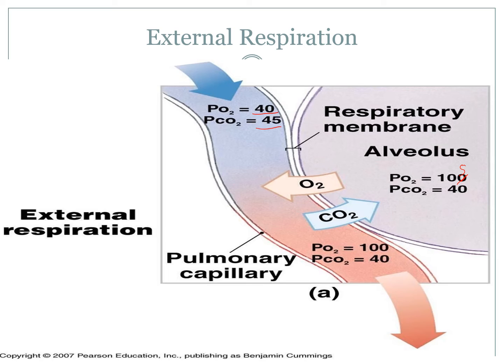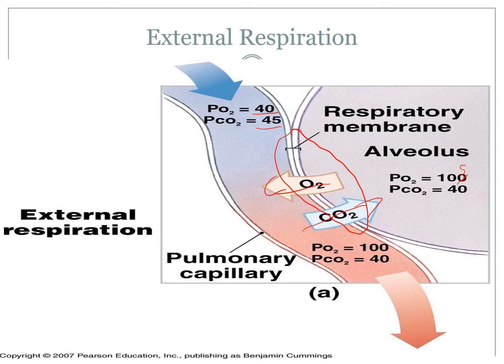That's what's coming in. So when it meets the respiratory membrane, we have a whole bunch of oxygen coming in because of the partial pressure, and a whole bunch of CO2 flowing out. The end result you want is equal gradients of oxygen and CO2 in the alveoli and in the capillary as it's moving out.